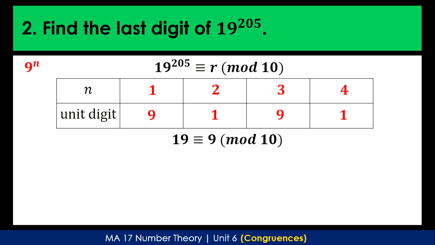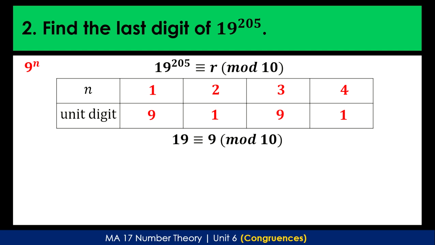As you observe here, if we have an odd exponent, the last digit is 9. But if we have an even exponent, the unit digit or the last digit is 1.